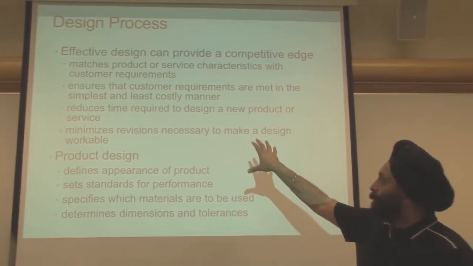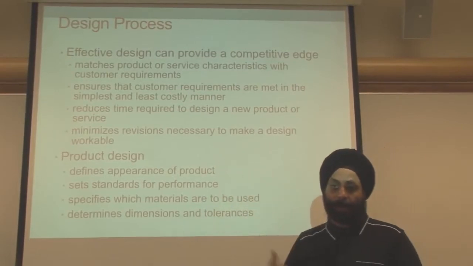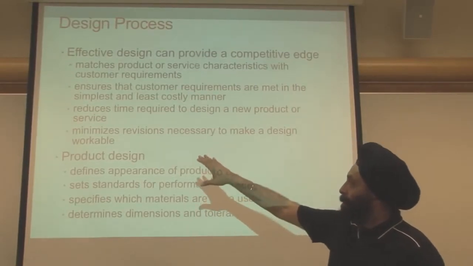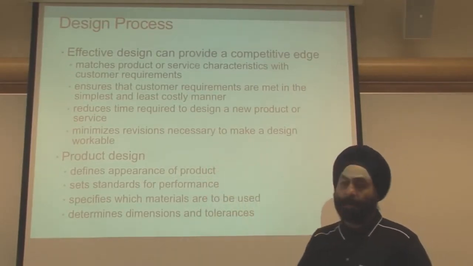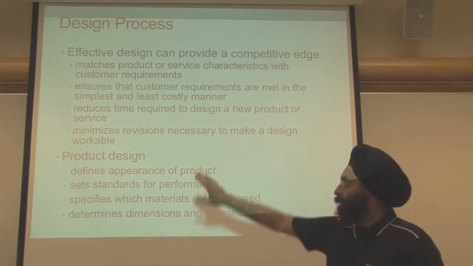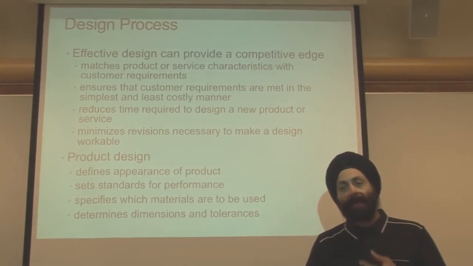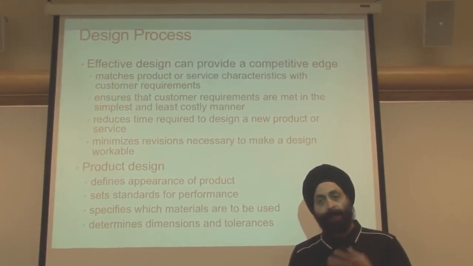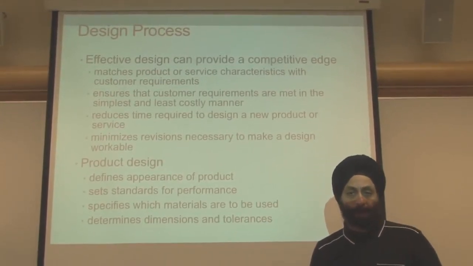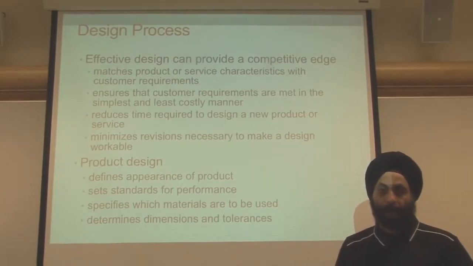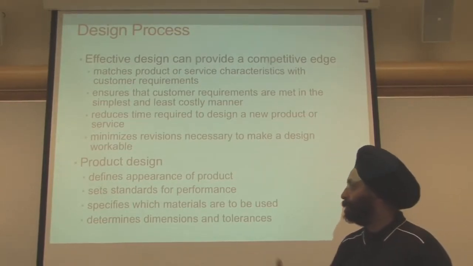Reduce time required to design a product or service, as I mentioned earlier, and minimize revisions necessary to make a design workable. So that early on with the design of experiments, you are coming up with the best features in the first edition of the product itself, so that the product becomes a success as early as possible.